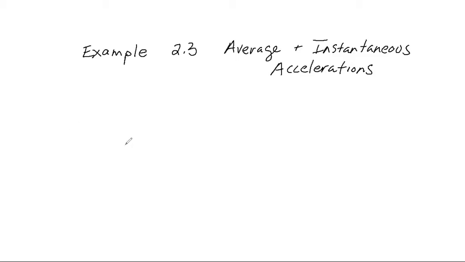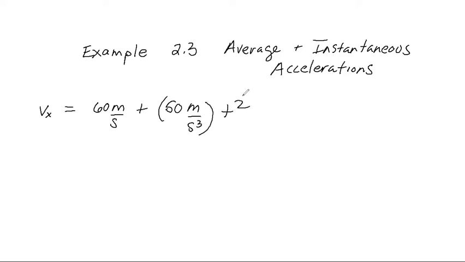And the problem reads, suppose the x velocity, v sub x, of the car in figure 2.11, a cartoon of a car in your book, at any time t is given by the equation v sub x equals 60 meters per second plus 50 meters per second cubed times t squared.